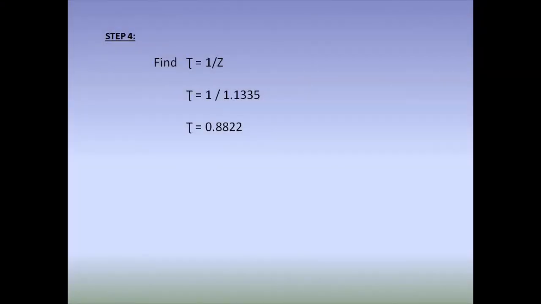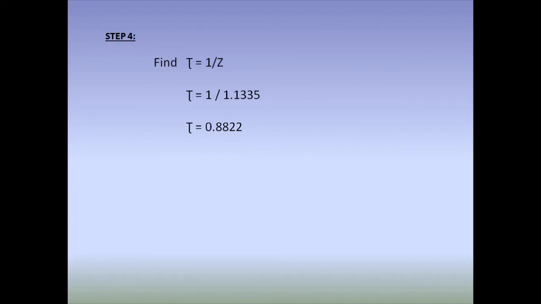Assalamualaikum and hi everyone. Here is Nur Anis again. I will continue with step 4. For step 4, we need to find the value of tau. The formula for tau is 1 over z. The value of z we obtained from the previous step, step 3, is 1.1335.